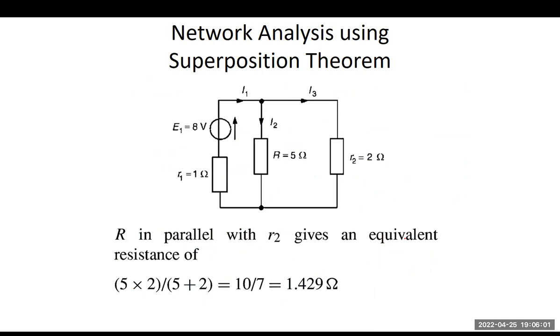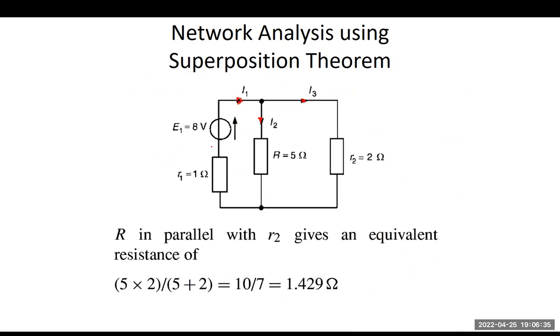This is the bigger version of the circuit, where we have removed E sub 2, the other voltage source. We have already assumed the direction of the current flow: I1, I2, and I3.